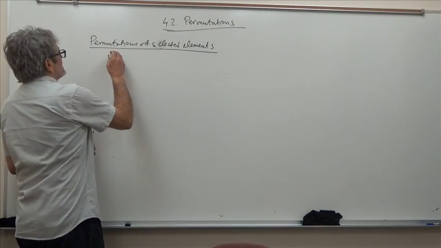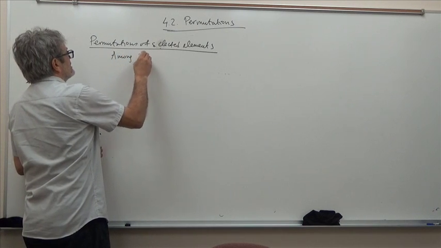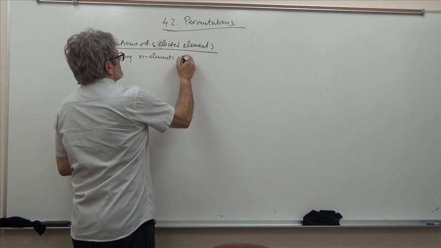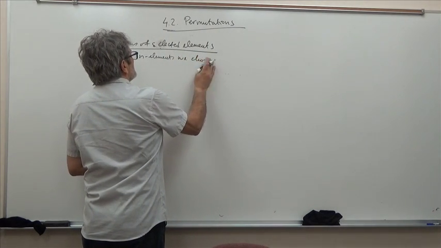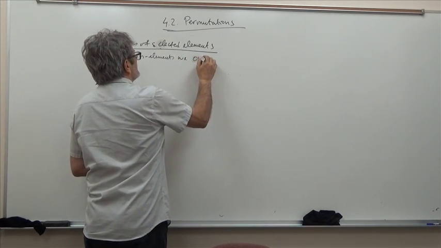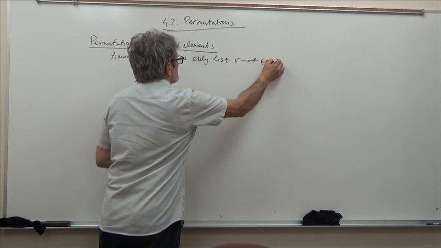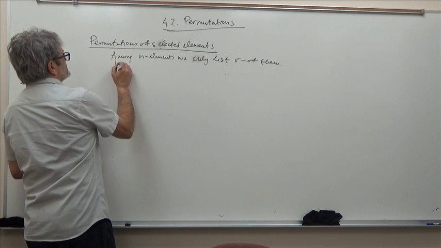Among n elements, we only list R of them. In how many ways can we do that?